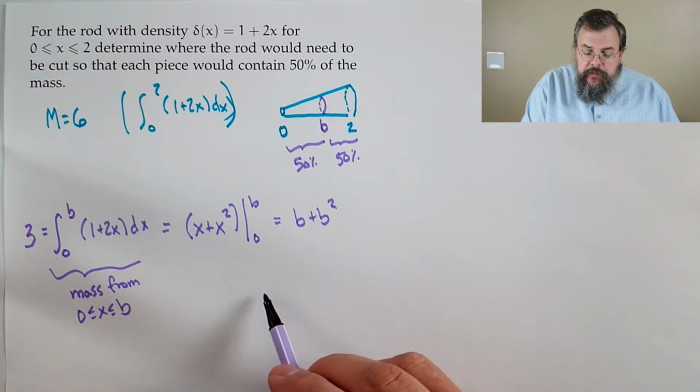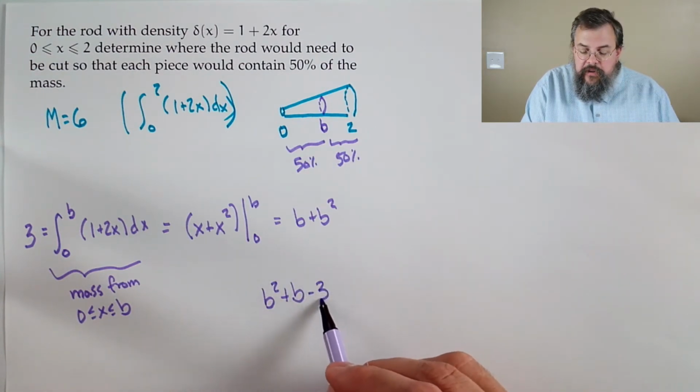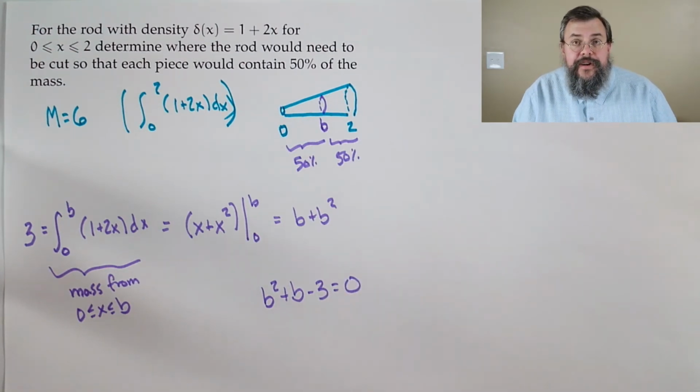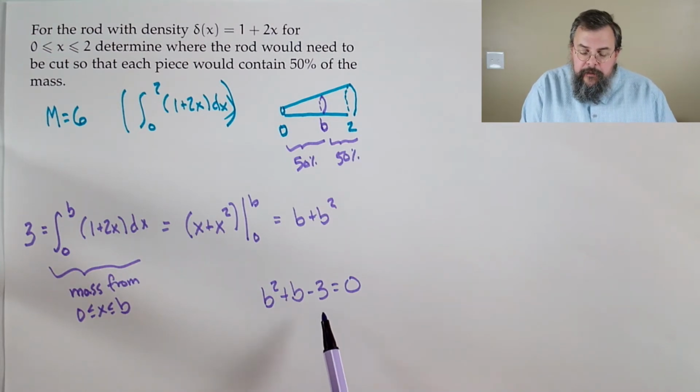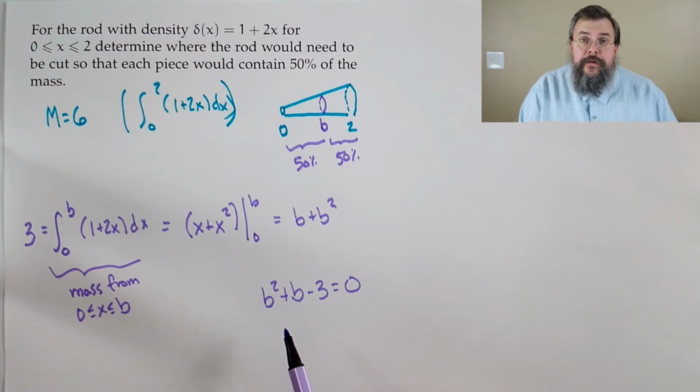Another way to say it is we want b squared plus b minus 3 equals 0. Well, does it factor? No, not nicely. See, if it were going to factor, it would have to be a 3 times a 1, but there's no way to add or subtract 3 and 1 and end up with 1 in the middle.